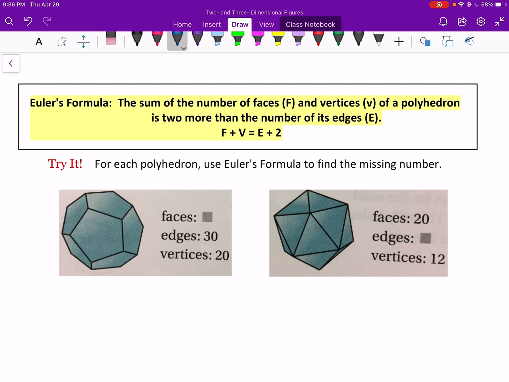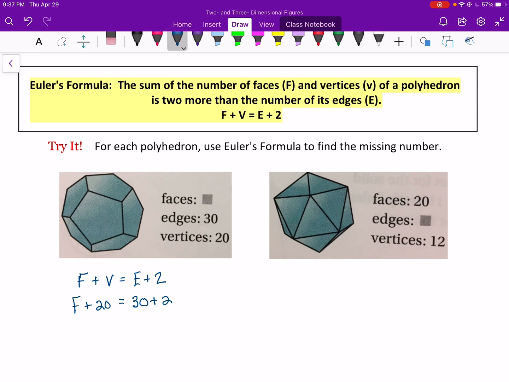We don't know how many faces there are, but using Euler's formula, we can make that calculation because we do know some of them. We know that there are 30 edges, so I'm going to put that in for E. And we know that there are 20 vertices. Well, look at that. That's a pretty simple algebraic equation, isn't it?